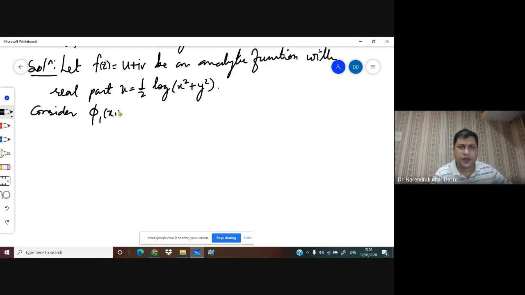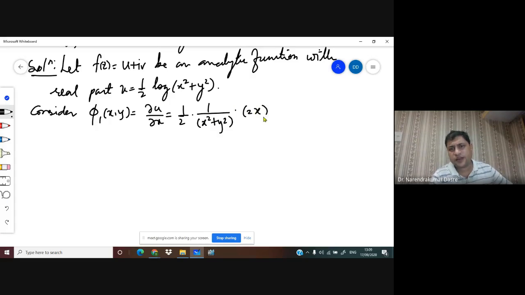phi1 of xy is equal to del u by del x, and that's what we will be having: half of 1 upon x square plus y square, and the derivative is going to be 2x. So this 2 will get cancelled, and you will be having x upon x square plus y square.